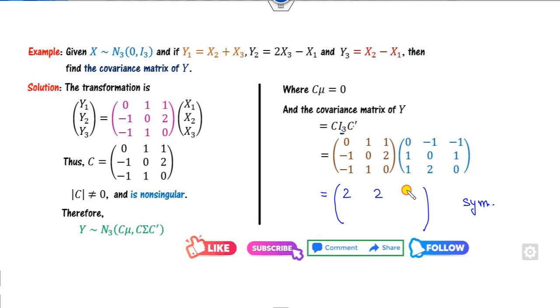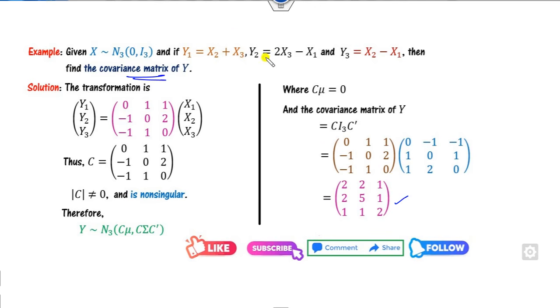Clearly this is a symmetric matrix, which means your calculation is correct. So 2, 2, 1, 2, 5, 4, 1, 4, 2 is the covariance matrix.